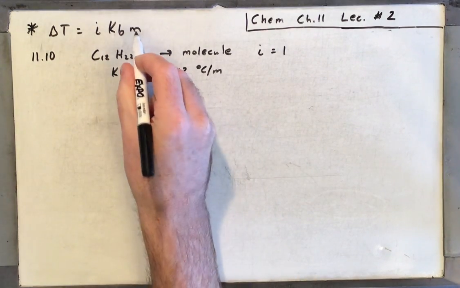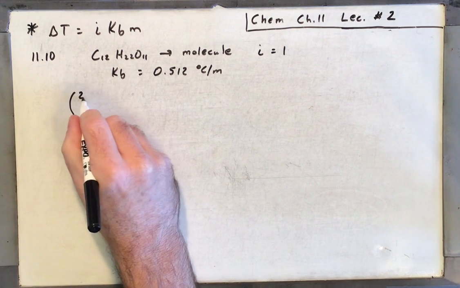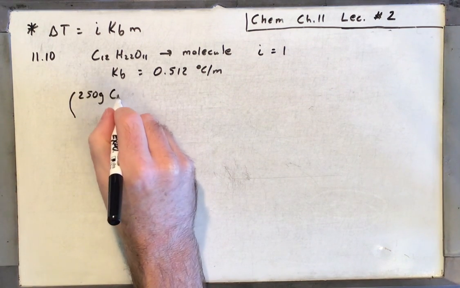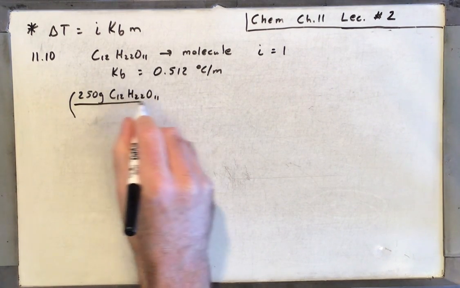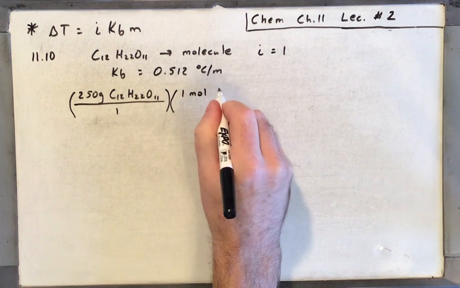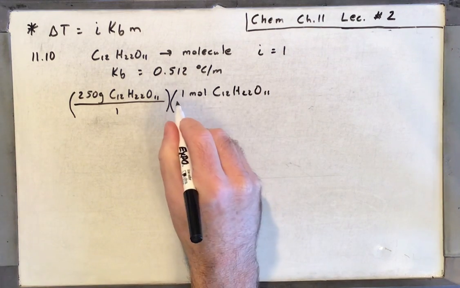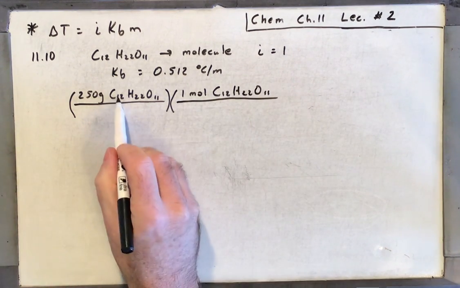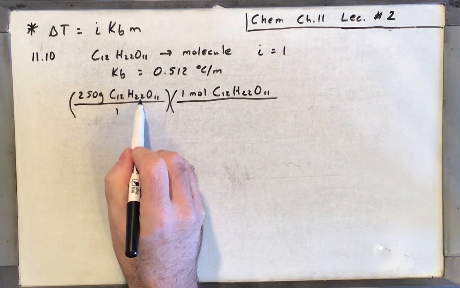We need to get molality. So first let's get moles. So we have 250 grams C12H22O11. Adding up this table sugar would be 12 times 12, which is 144, plus 1 times 22.